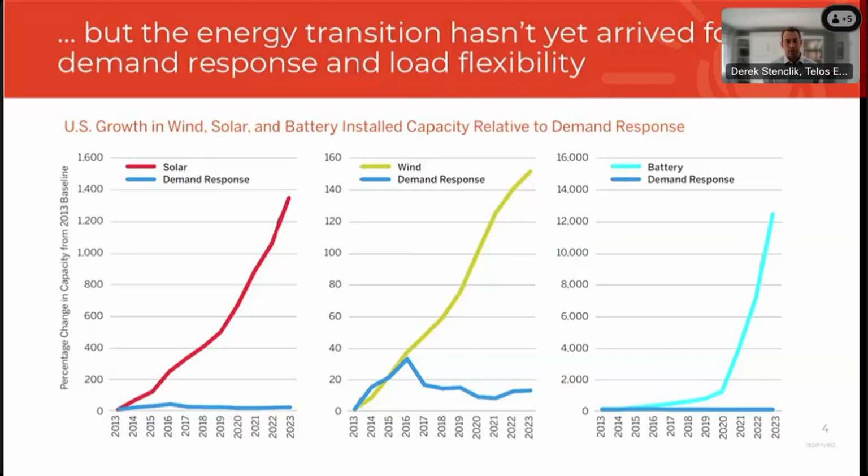But what it shows is we see exponential growth in solar, wind, and battery storage, but flat or declining growth in load flexibility and demand response, despite all the research showing it's really a critical component of the energy transition, especially as we go to higher and higher shares of variable renewable energy.